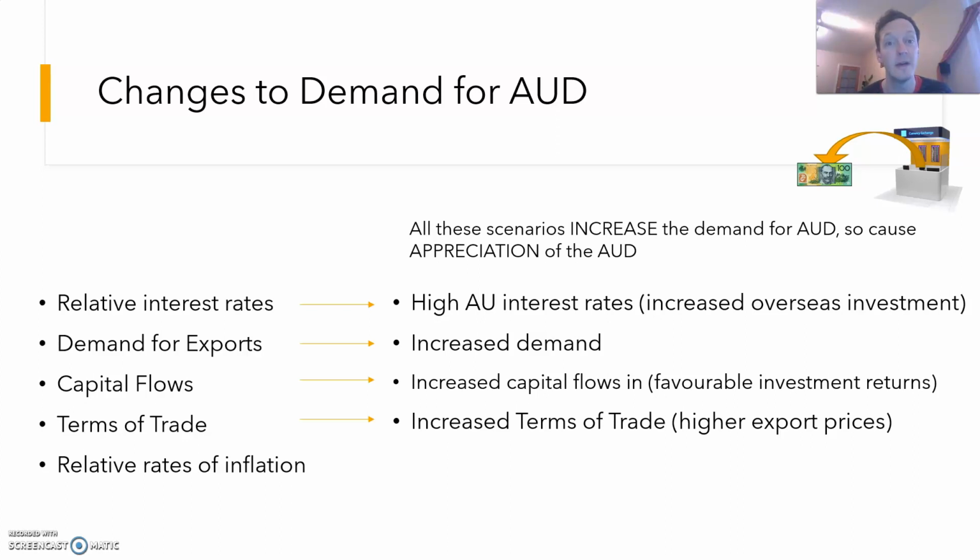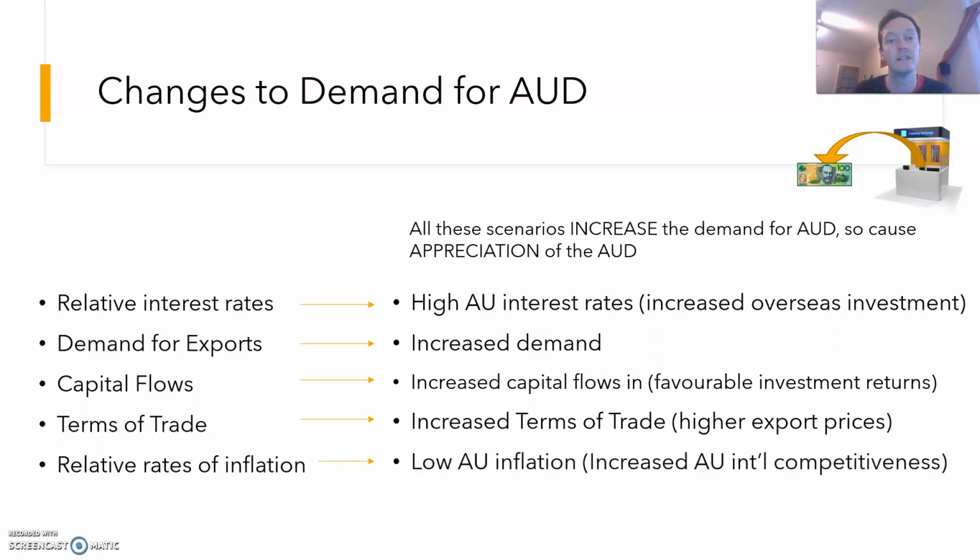Well, they're going to go in and demand $100 worth of Australian currency. But if the price of that 1 tonne goes up to $150 per tonne, well, they're going to need to demand an additional 50 Australian dollars for that, aren't they? So as a result, they're going to demand more Australian currency, and therefore the price of that currency will go up, causing an appreciation.